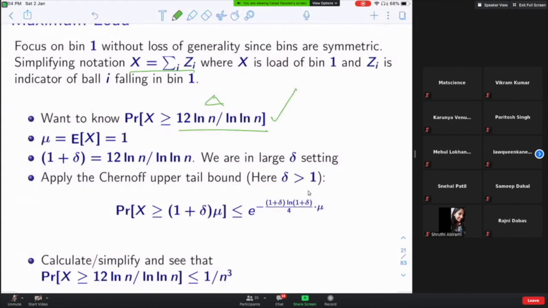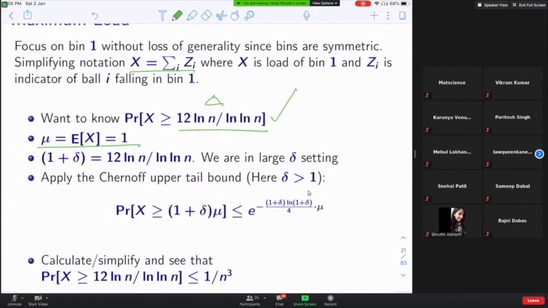The expected value of zi, which is the probability that the ith ball gets into the first bin, is 1 by n. Because there are n terms summing up here, n times 1 by n, we get mu, the expected value of x, equal to 1. So in expectation, the first bin contains one ball.